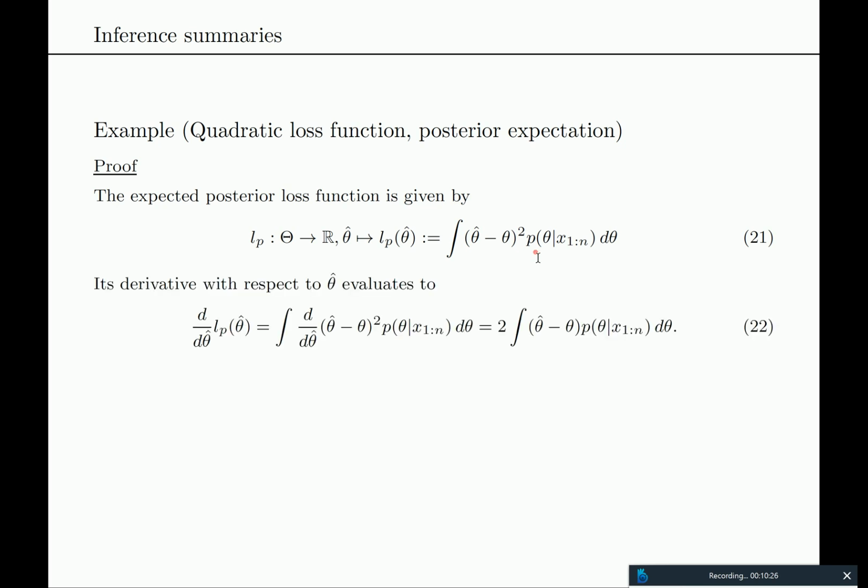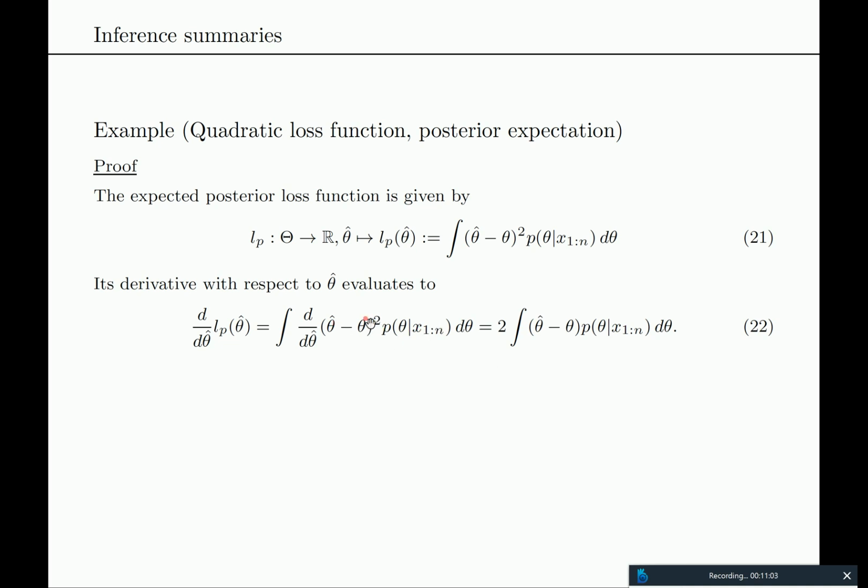And then the way this proof works is that you now want to minimize the expected posterior loss. So you do the typical thing, you compute the derivative. I mean, we have a square function, so you know there's a single minimum. You compute the derivative and you set it to 0. And you assume that you can do things like changing the order of integration and differentiation. So computing the derivative, because you want to minimize with respect to your estimator, you take the derivative with respect to theta hat.